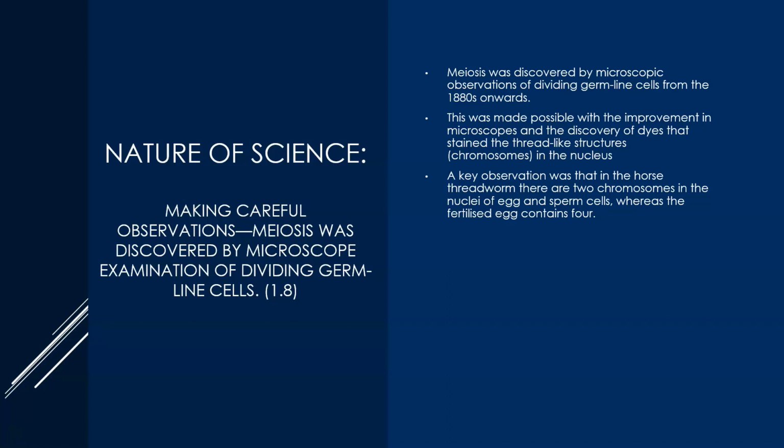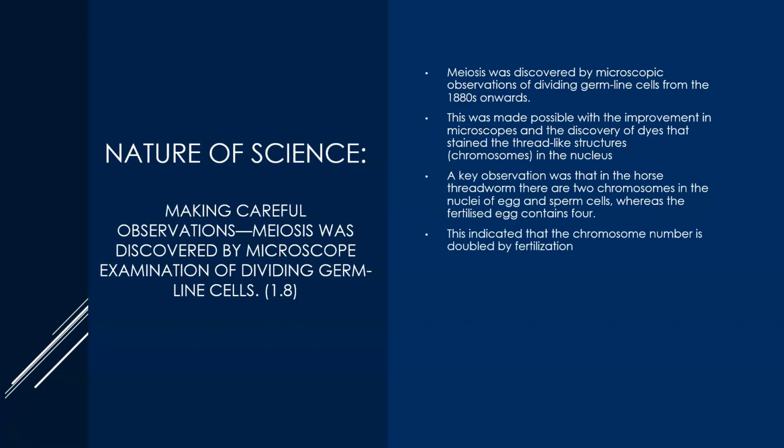So they noticed that in the gametes there was only half the genetic material, whereas in the fertilized egg we had the full set. Those early observations built the knowledge that we have today.